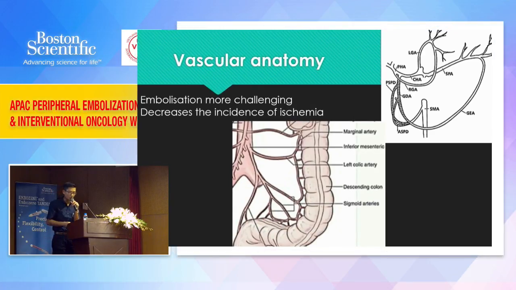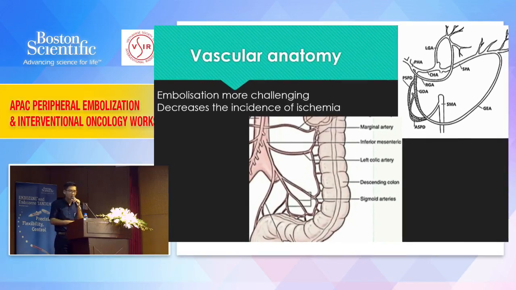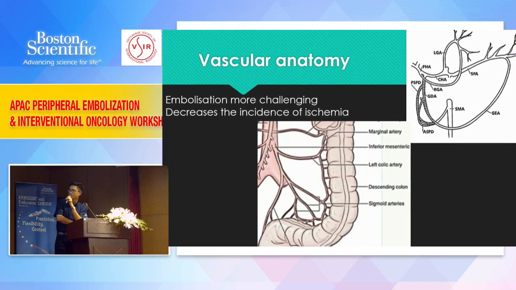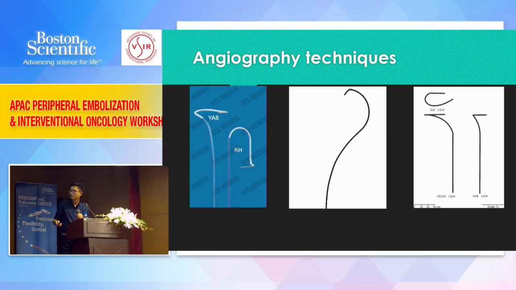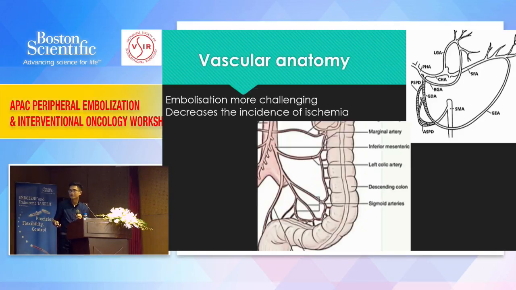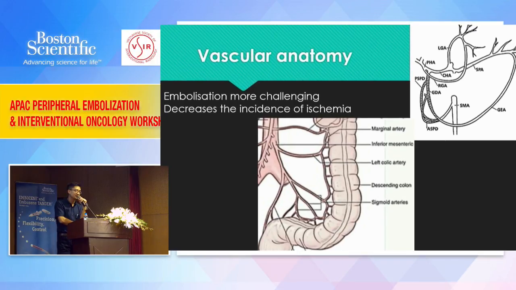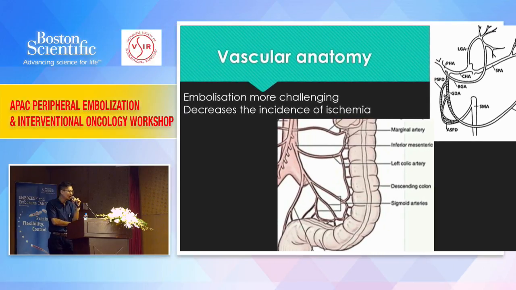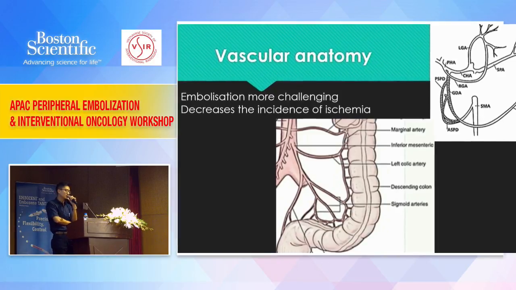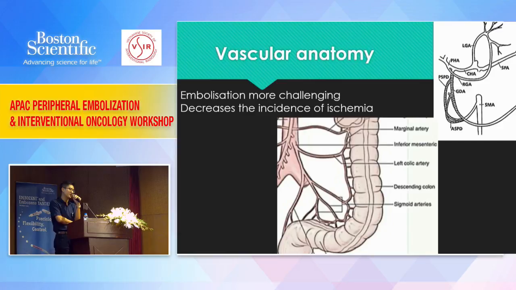We have to occlude the back door and the front door when we consider occlusion of upper GI bleeding.